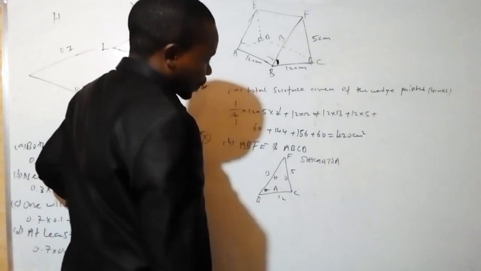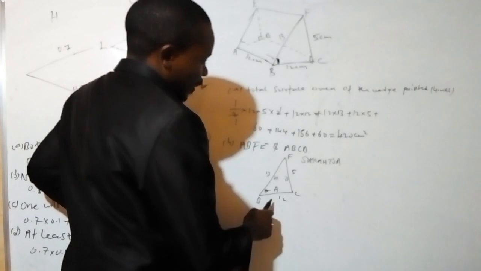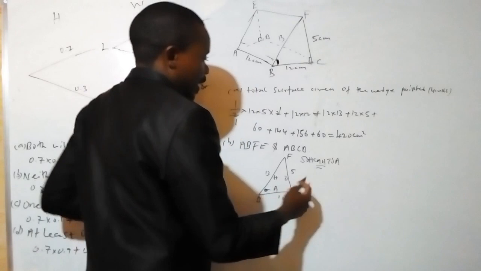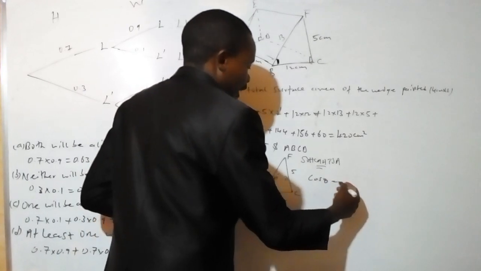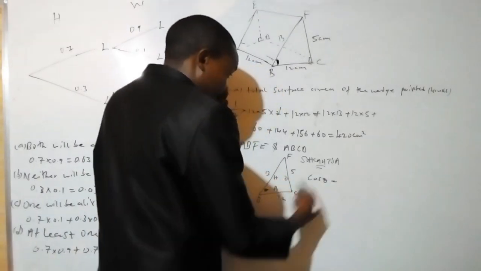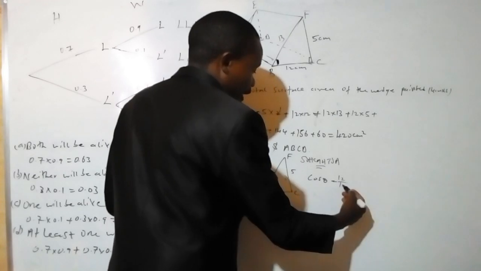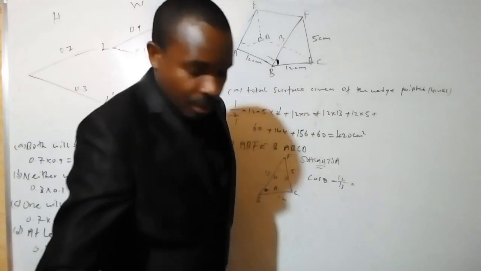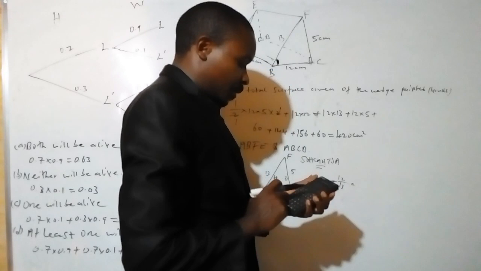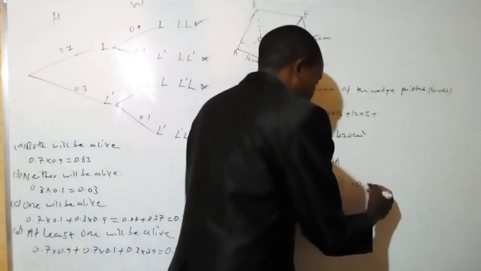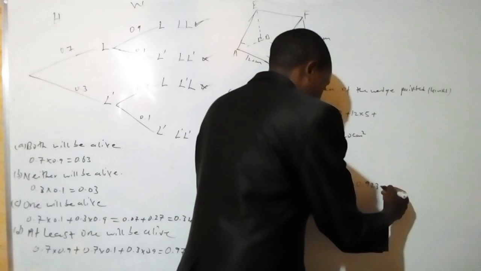And we can use A and H, cosine, cos theta. We say cos theta is equal to adjacent, 12, all over hypotenuse, 13. 12 divided by 13 is what? 12 divided by 13, we get 0.92308.